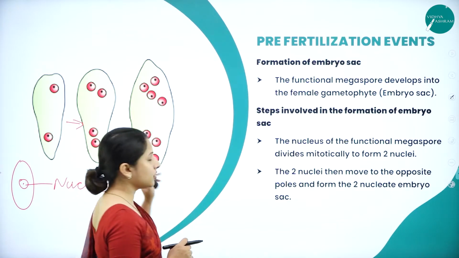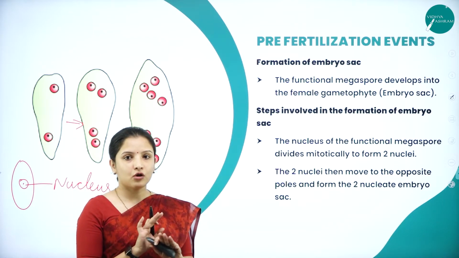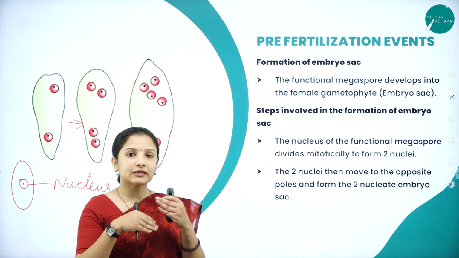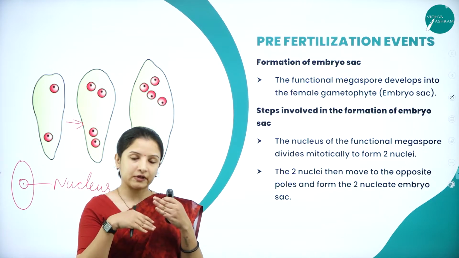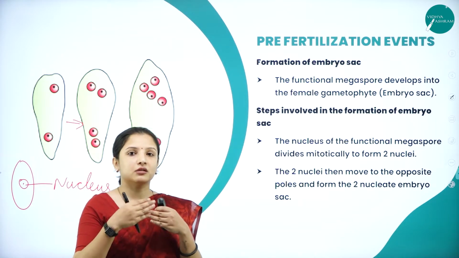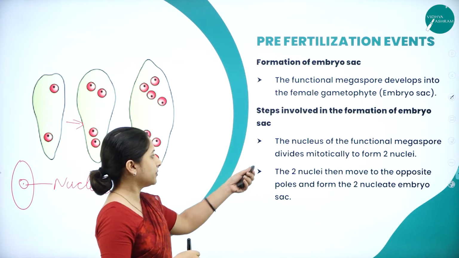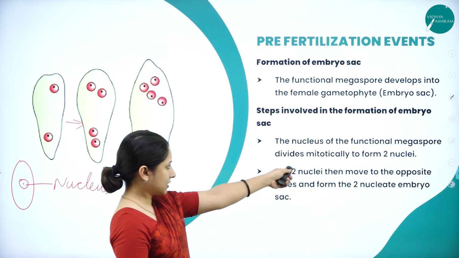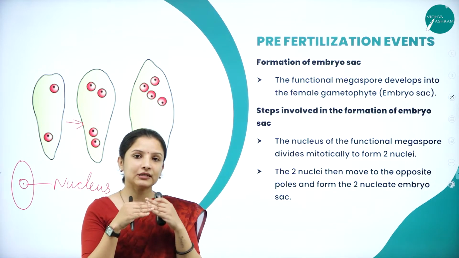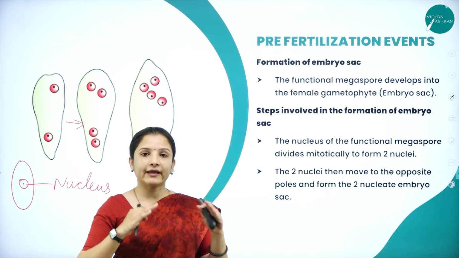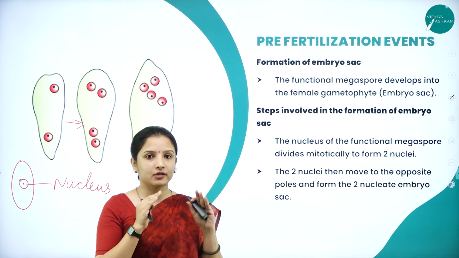Remember, the cell will not divide, the nucleus will divide. When the nucleus divides, obviously the genetic material also divides with it, so there is an increase in the chromosome number. Hence it is considered to be mitotic division.